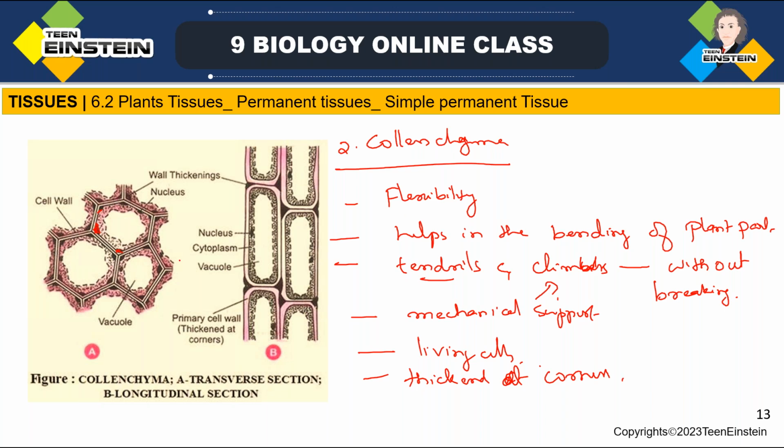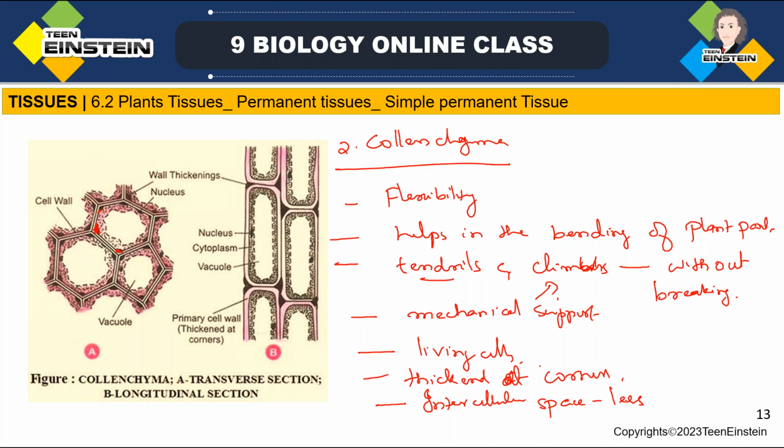Compared to parenchyma, they don't have that much intercellular space. Intercellular space is very less in collenchyma. Parenchyma we have learned, and this is collenchyma, which is giving flexibility to plants and plant parts.